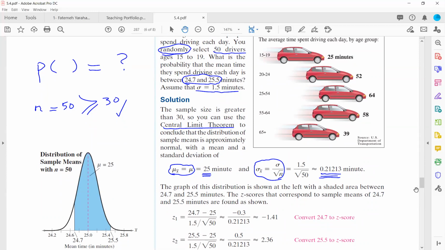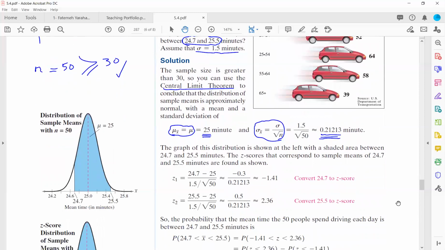Our goal is to find the probability that x is between these two values. First of all, we have to convert x into a z value. Our first x is 24.7. We already found the mean and standard deviation of this sampling distribution of the means.